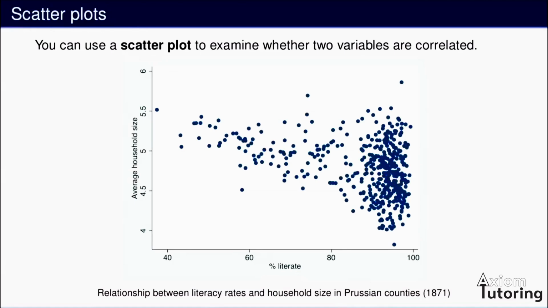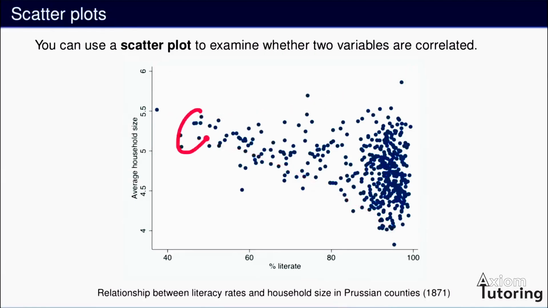Another reason why a scatterplot is really helpful is that it also allows you to see other patterns in the data, not just the trend. So for example, here, one clear pattern is that there seems to be this sort of funnel shape that we can see.